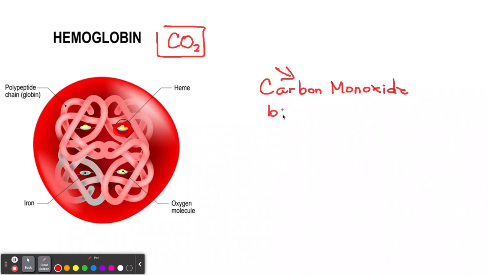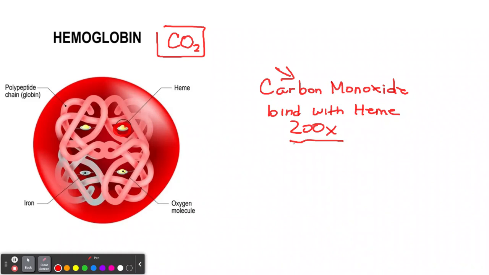It could bind with heme, that iron atom, 200 times greater than oxygen can. So when people have carbon monoxide poisoning, it's because of that strong bond between the carbon monoxide and the red blood cells, the heme. And so you end up not being able to breathe, because it's very hard to break that bond.